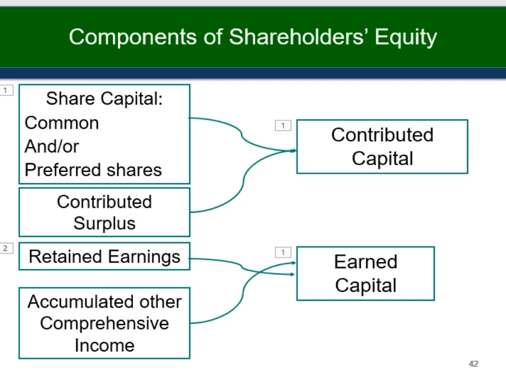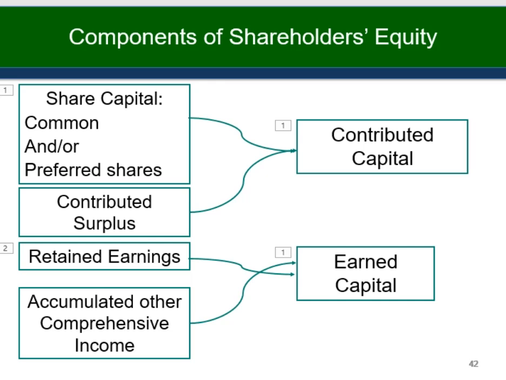Accumulated other comprehensive income is the result of the treatment of revenues, expenses, gains, and losses that result from non-shareholder transactions. So they're part of total income, but they're not included in the calculation of net income. So essentially, we're talking about paper gains and losses. It would include changes in the market value of unsold financial instruments, shares in other companies, those sorts of things.